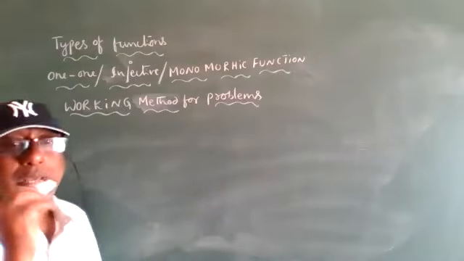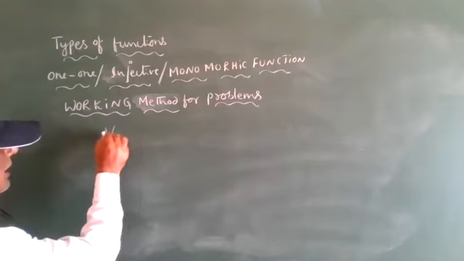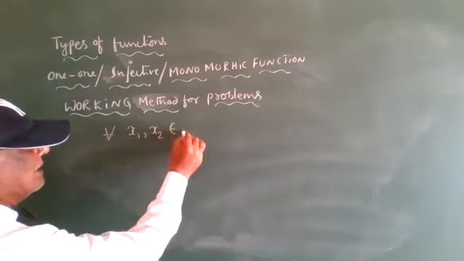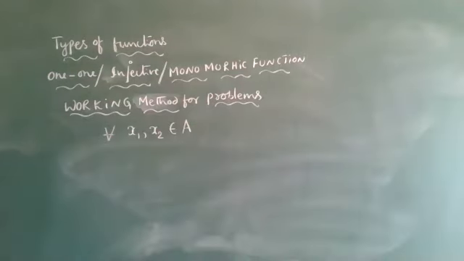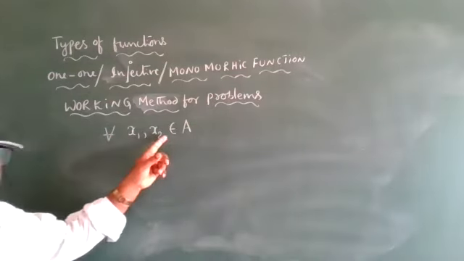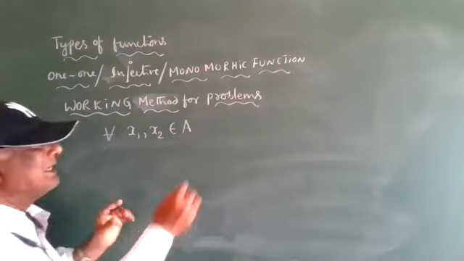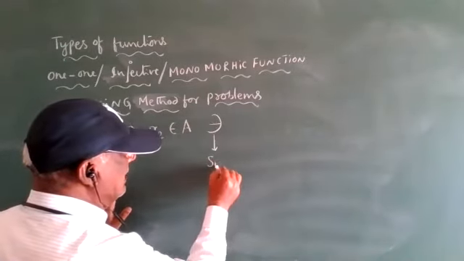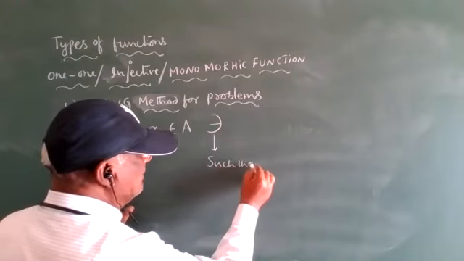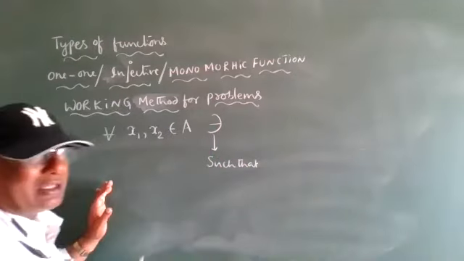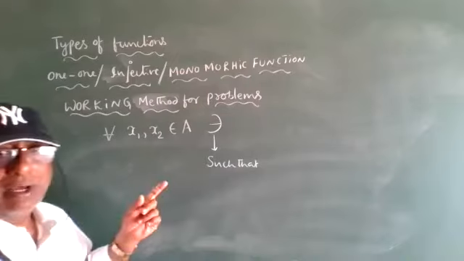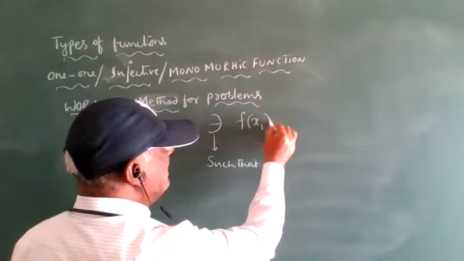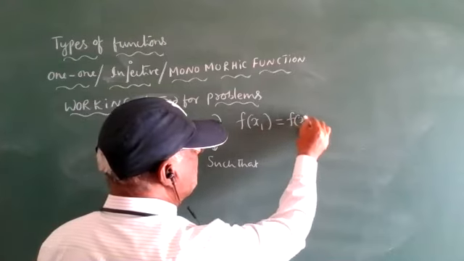See, we take two elements, for all x1 comma x2 belonging to the A set, such that. This is the symbol of such that, meaning the following: f of x1 is equal to f of x2.